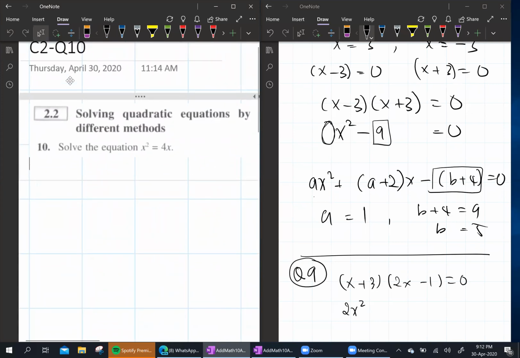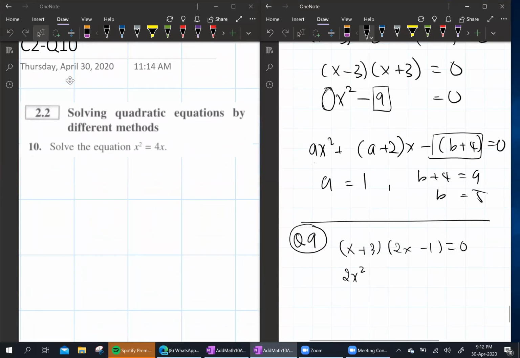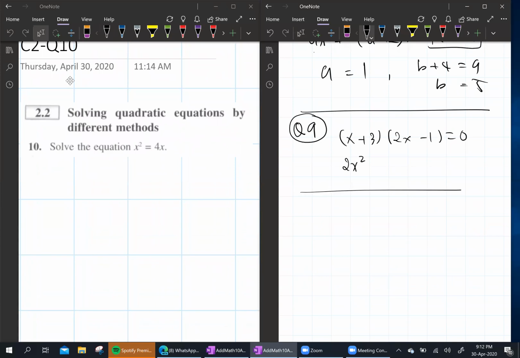So it asks you to solve. Solve the equation. Solve means asks you to find x. Okay, try to do it.